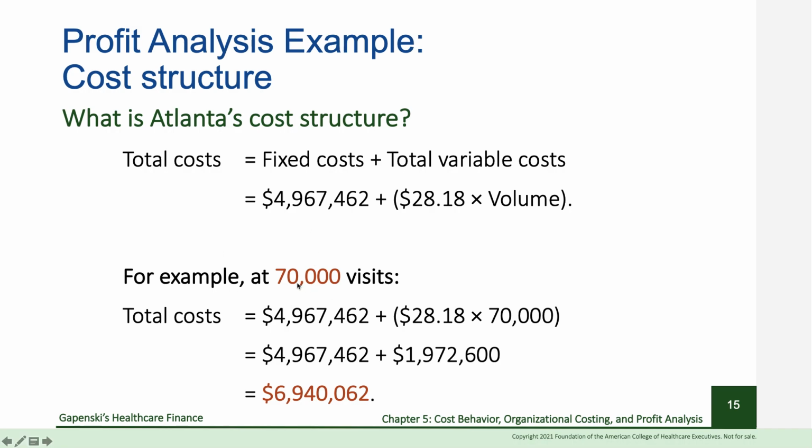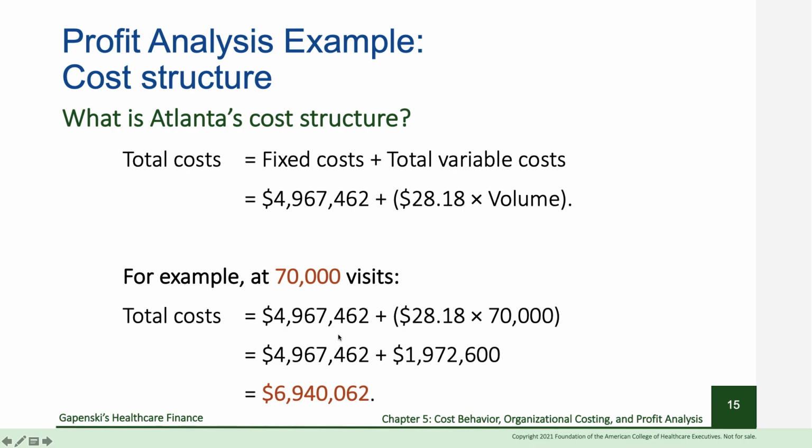We plug 70,000 visits into the volume, so 28.18, the variable cost rate, multiplied by 70,000 visits gives us 1,900,000 some dollars.